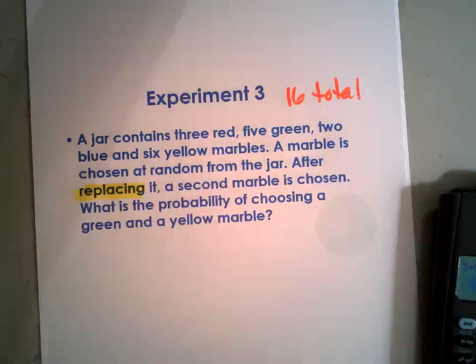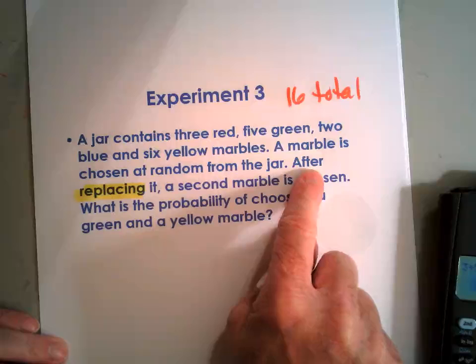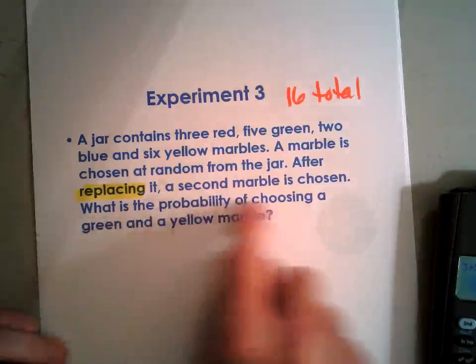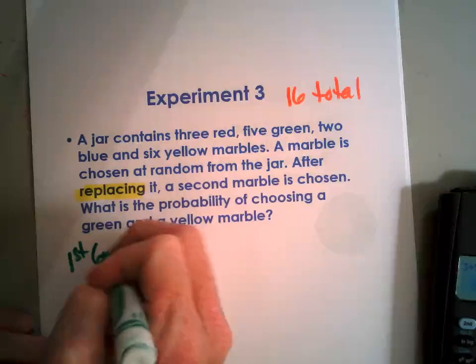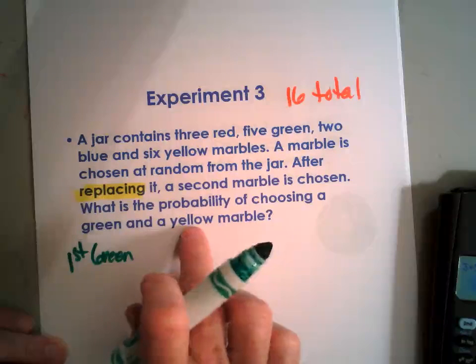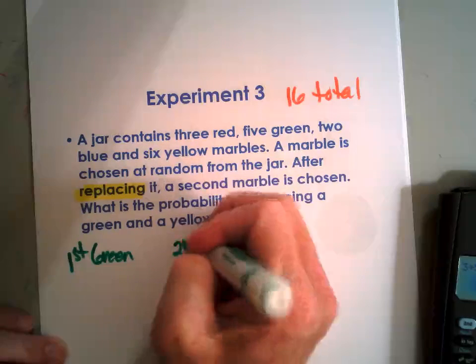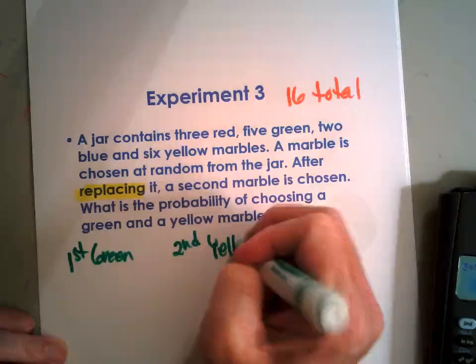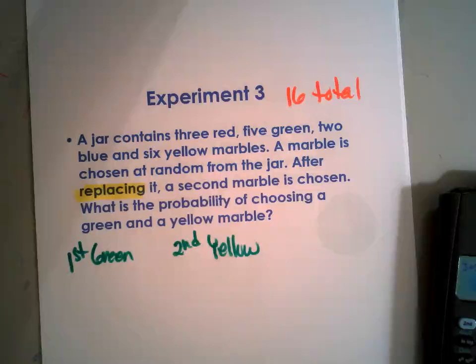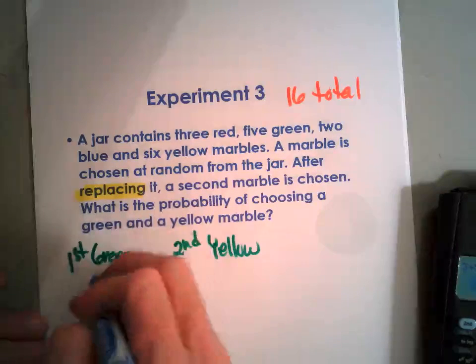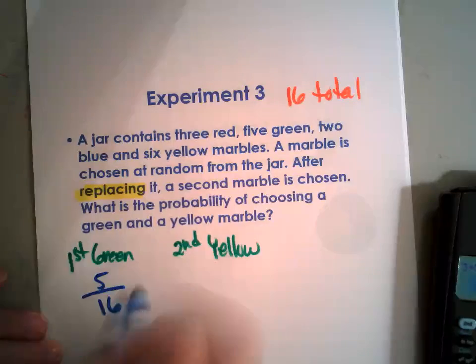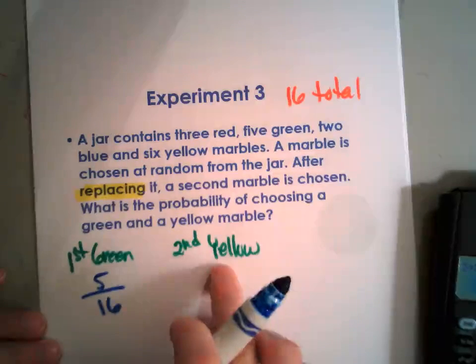All right, so we're going to choose a marble. Let's see, what's the probability of choosing a green on the first one, and then a yellow on the second? So how many greens were there? There were 5 greens, so the probability of getting a green was 5 out of 16. What's the probability of getting a yellow?